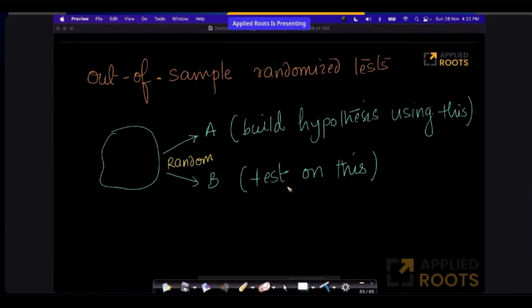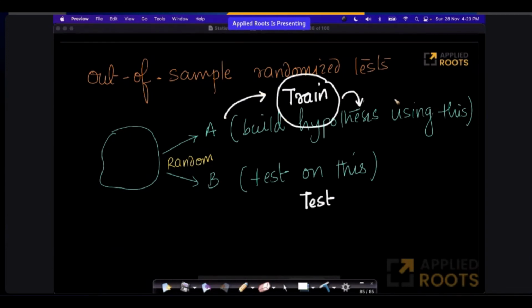This is inspired from train test splits in machine learning, where you say that I have some training data on which I will build my models. In this case, my model is the hypothesis. And whatever conclusions I get, I will test on this held out data. We typically call it test data.